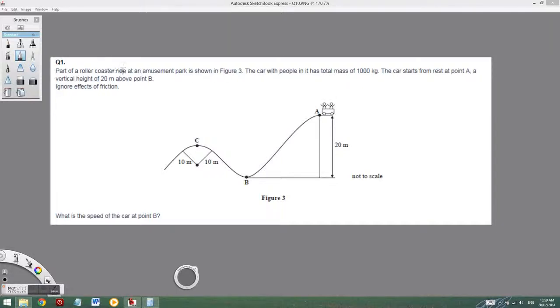Now let's look at this question. We have people moving from A to B on a roller coaster.